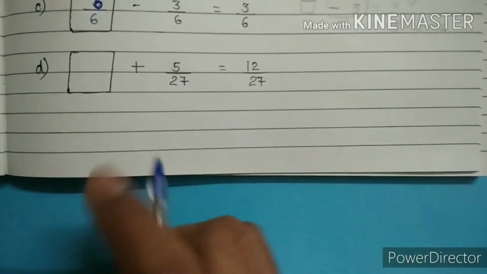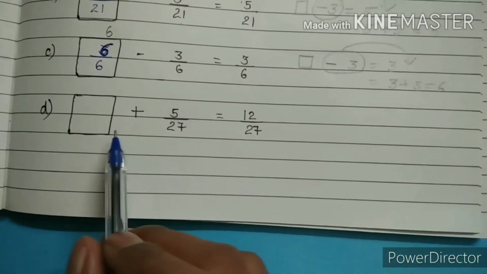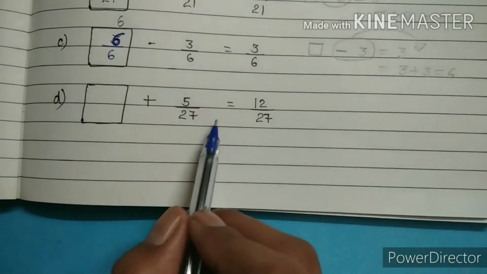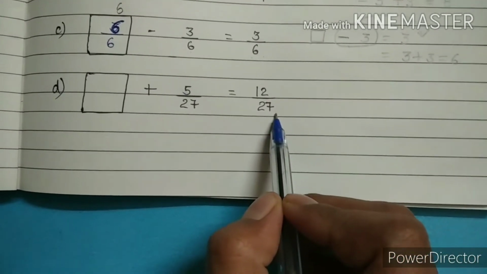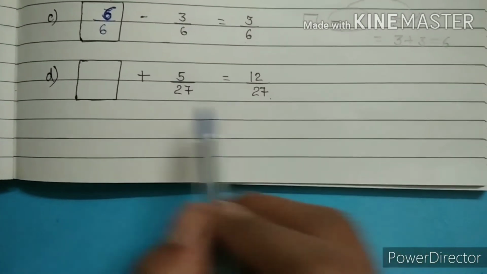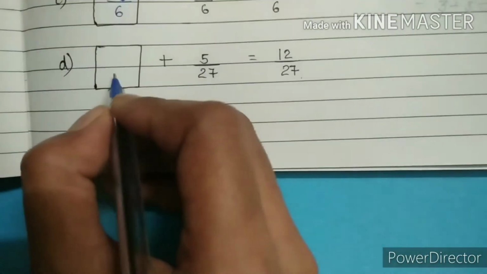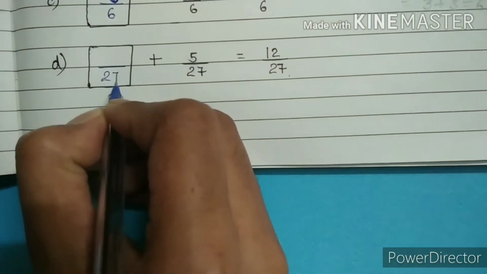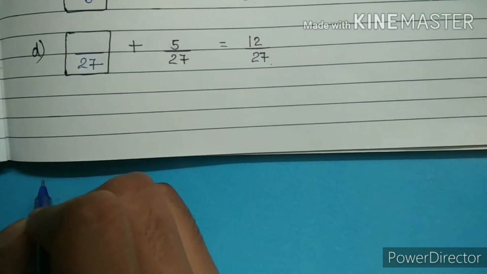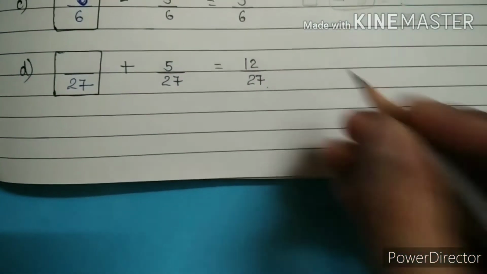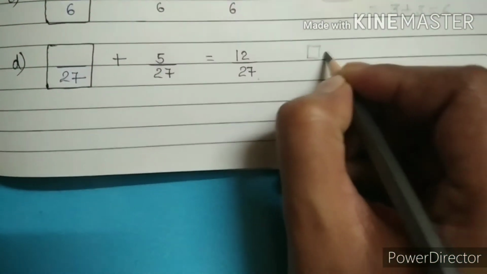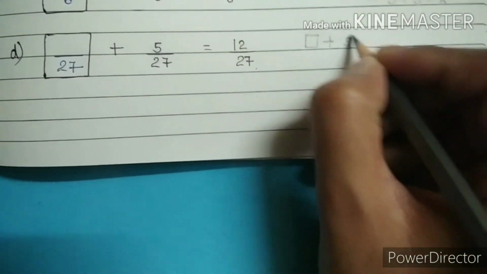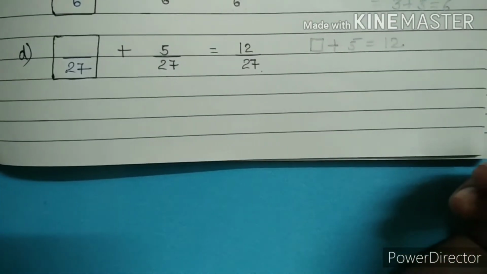Same, D. The last one is fill up plus 5 by 27 is equal to 12 by 27. You can see both have the same denominator. It means in the fill up the same denominator is there. Now we have fill up plus 5 is equal to 12.